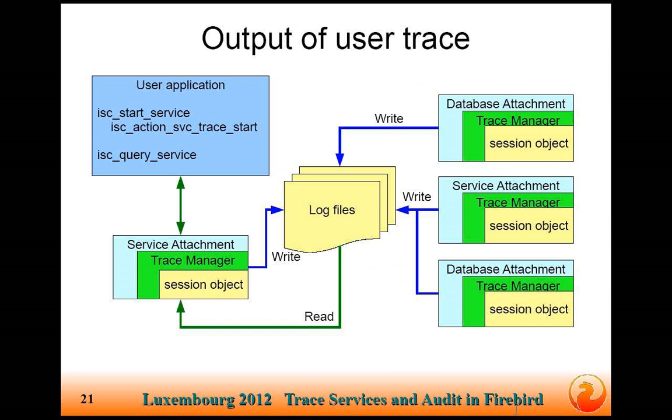The service attachment in the left part of the picture is the service attachment which created the user trace session. It has a trace manager inside it, of course, and it also produces some events, maybe for this trace session, maybe for something else, maybe nobody can read these events.